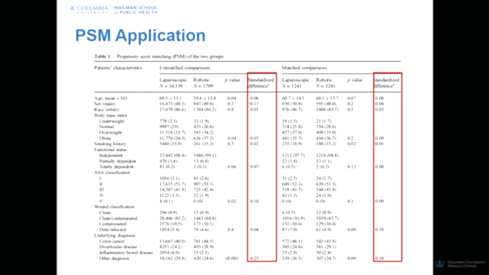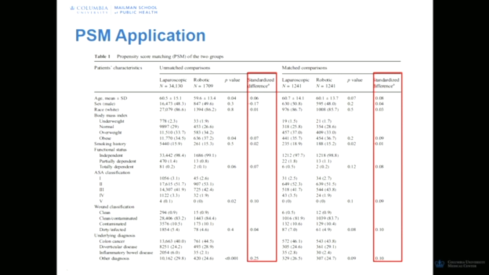We started at 0.04, and now we have a 0.10. Don't be alarmed. It is possible that the moment you're matching, you're going to create more or less imbalance. But as long as overall all the values are below 0.10 or 0.20, whatever you decide, then that is fine.